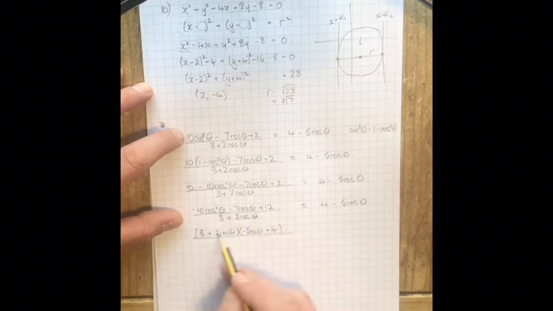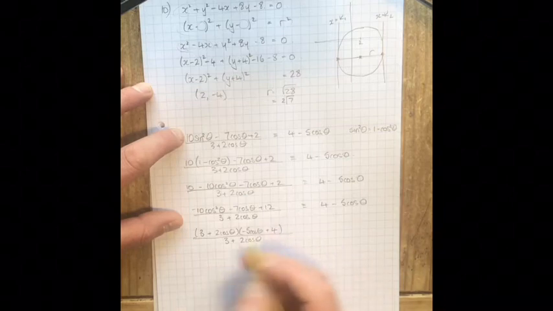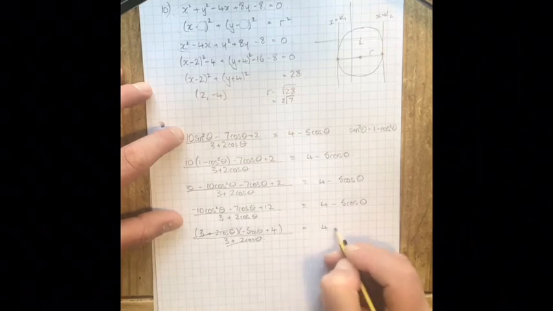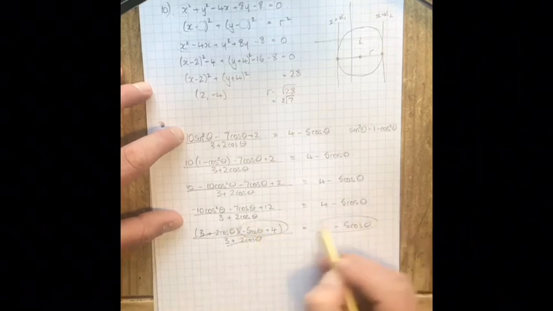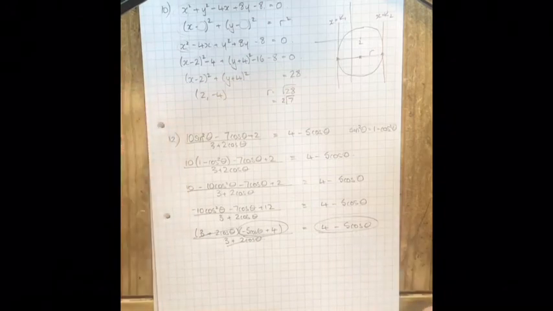So this quadratic factorizes to that. And what you'll notice is that you've got the same thing top and bottom, so you can cancel them. And you end up with that, which is the same as that. So we've done 12 part A.